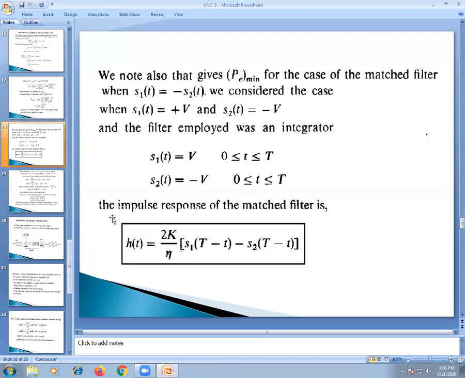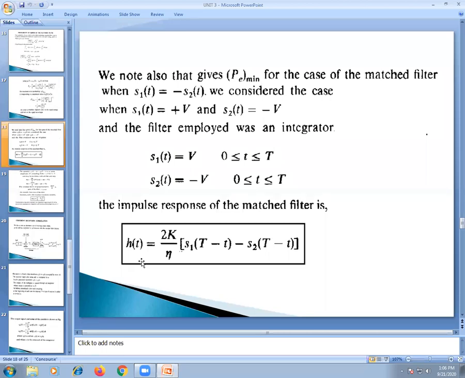Now the impulse response of the matched filter, as you saw in the previous class, is h of t is equal to 2k by eta times s1 of capital T minus small t minus s2 of capital T minus small t.